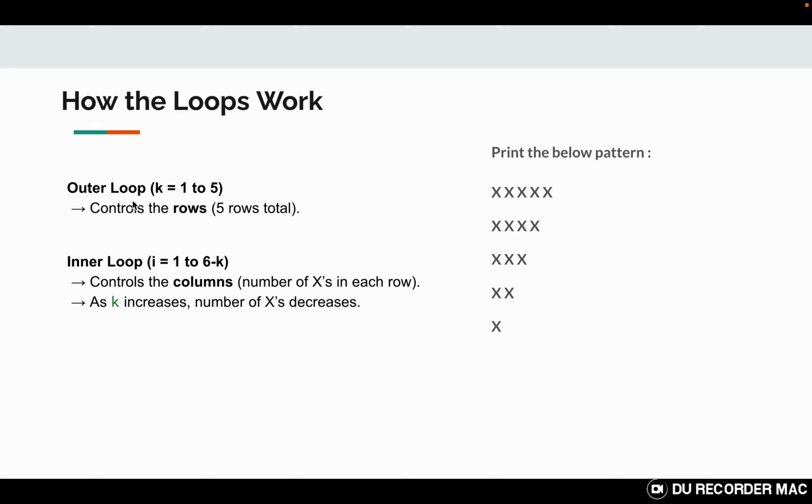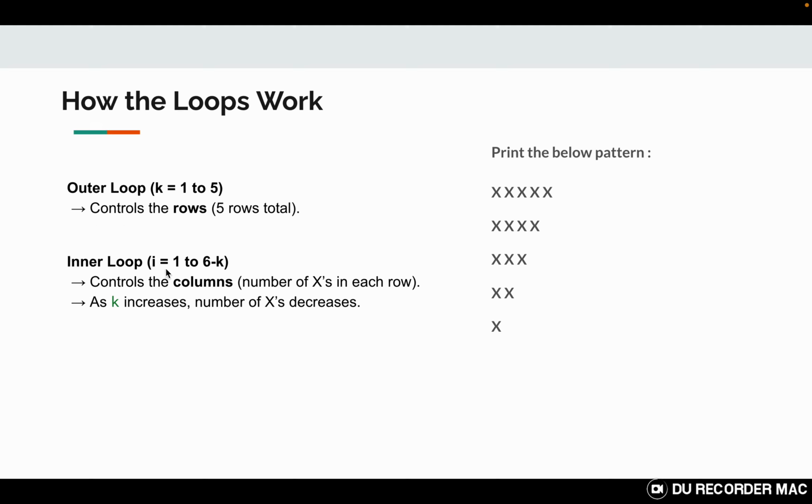The outer loop signifies the number of rows to be printed in this pattern. If you see, there are 1, 2, 3, 4 and 5 rows that need to be printed. That is the reason k is equal to 1 to 5, which means this will control the number of rows, right?